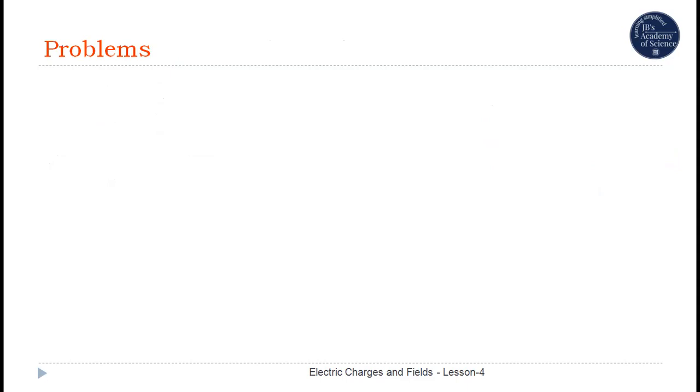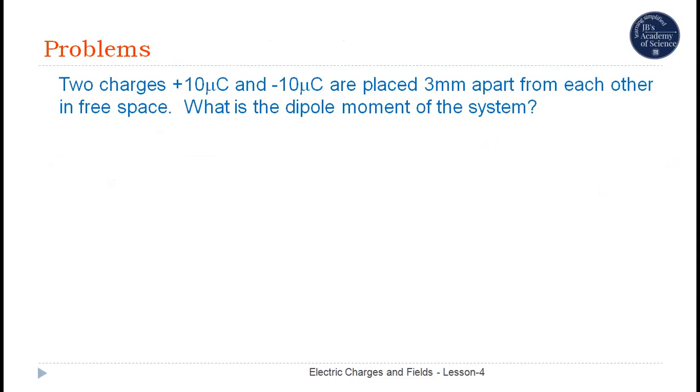Now let us discuss some problems related to electric dipoles. Two charges, plus 10 microcoulomb and minus 10 microcoulomb, are placed 3 millimeters apart from each other in free space. What is the dipole moment of the system?